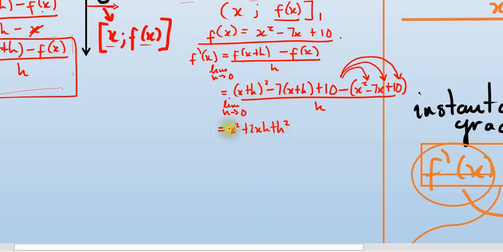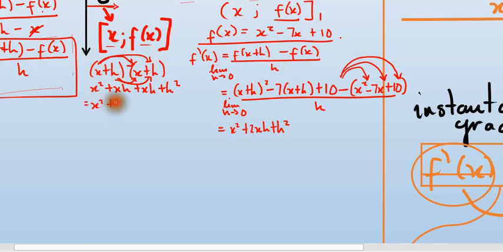If you don't remember this, we just did x plus h multiplied by x plus h, and this times this gives you x squared. This times this gives you plus xh. This times this will give you plus xh, and this multiplied by this will give you h squared, which will give you x squared plus 2xh plus h squared as we have it.